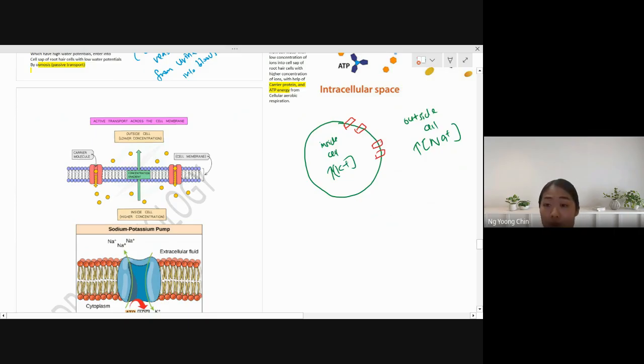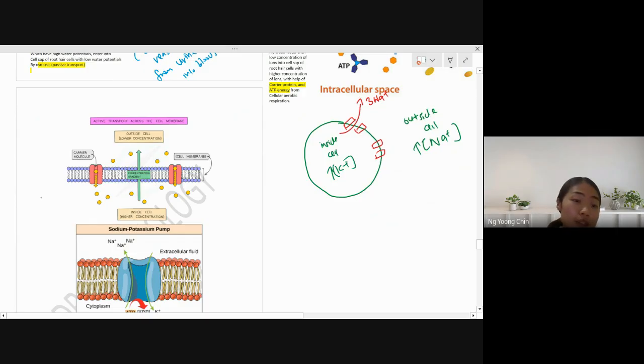What they do is they will tend to transport the sodium outside, 3 sodium outside. They will transport the sodium from inside of the cell to outside of the cell, where there is a very high concentration of sodium ion.